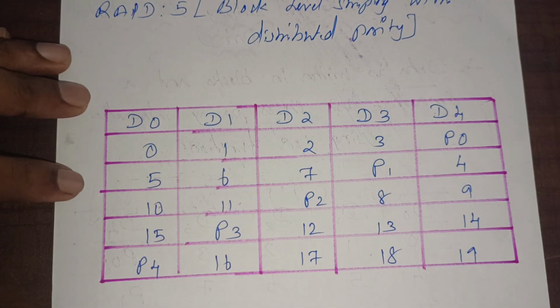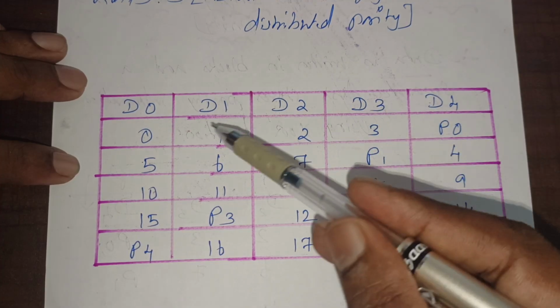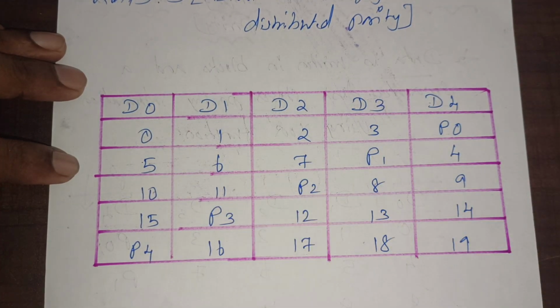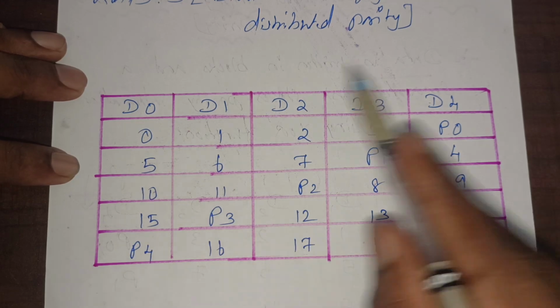So here fault tolerance is maintained for a single disk failure. If any one of these disks fails, that is not going to affect any of the other disks which are simultaneously processed. So here the reliability, performance and storage are very effective.